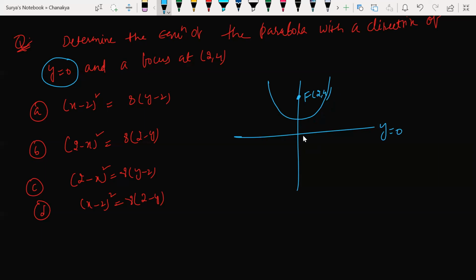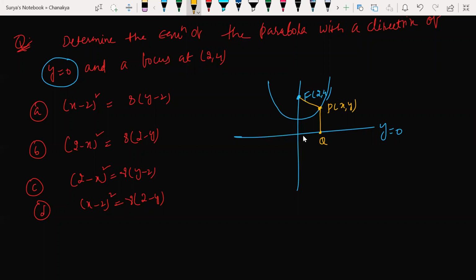Now, guys, what is the method I can use here? We have to find the equation of the parabola here. But I do not know the point. Let me take any point on the parabola. Let's say I'm taking a point P(x, y) on the parabola. Now, beta, if you observe this properly, that point would be equidistant from the focus and the directrix.